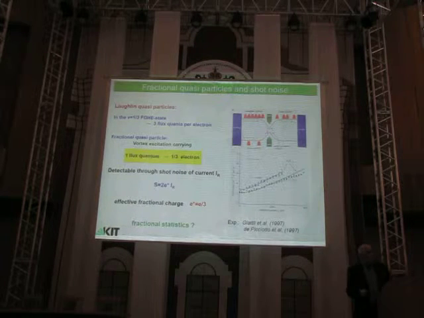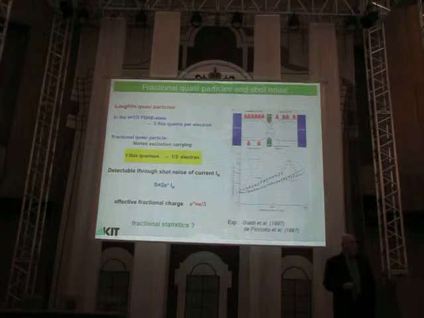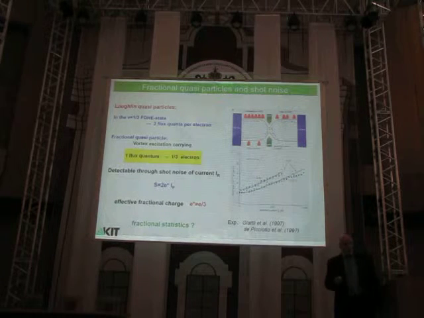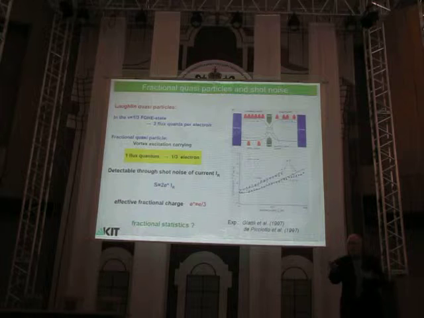Now, according to theory, these Laughlin quasi-particles also have fractional statistics. Which is to say they are neither fermions nor bosons, but if you interchange two of these quasi-particles, you pick up a phase factor that is not 1 or -1, but some intermediate phase.